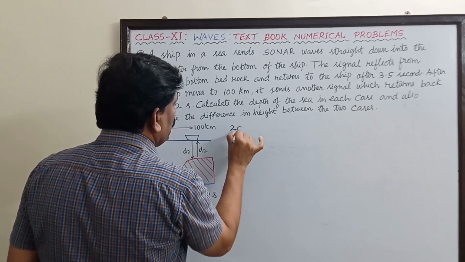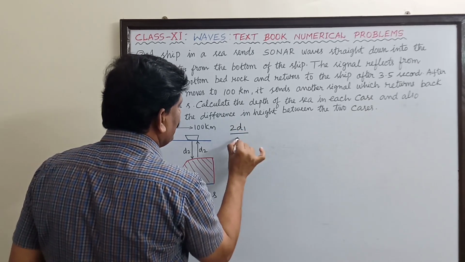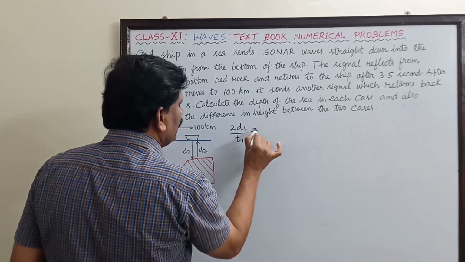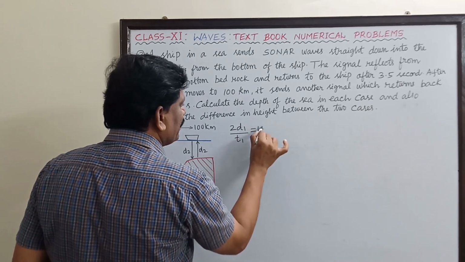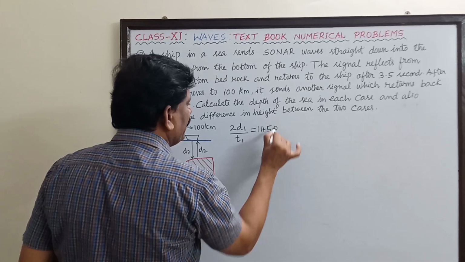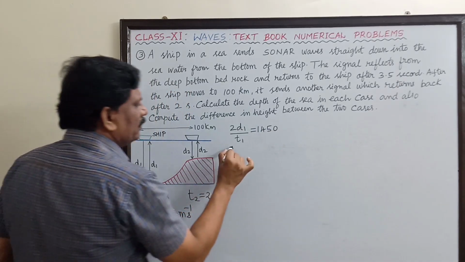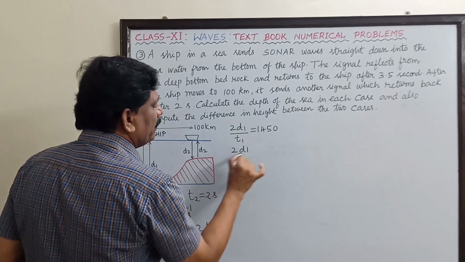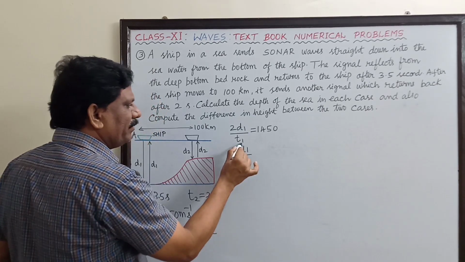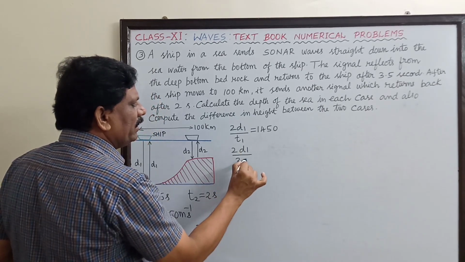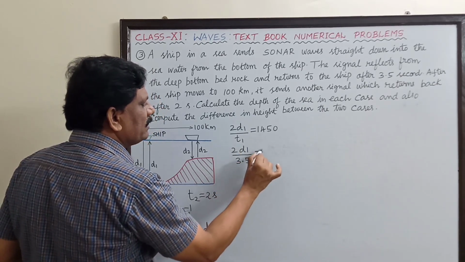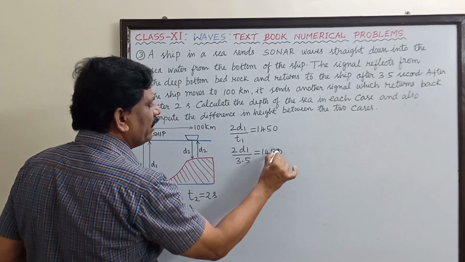So I will take case 1 first. 2D1 distance divided by the time T1 is equal to the velocity, 1450. So 2D1 divided by 3.5 is equal to 1450.